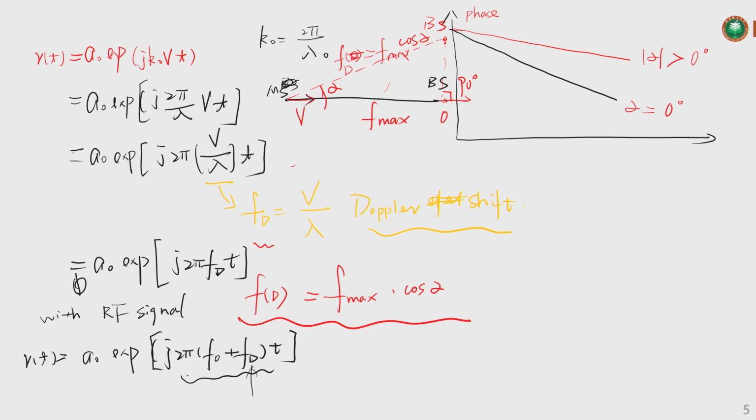There is no relative movement between both sides, so there is no relative Doppler effect. At this point, because alpha equals 90 degrees, cosine alpha equals 0, so the Doppler shift equals 0. That means the slope is 0, it becomes a straight line.